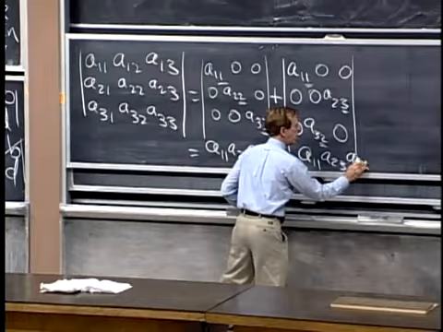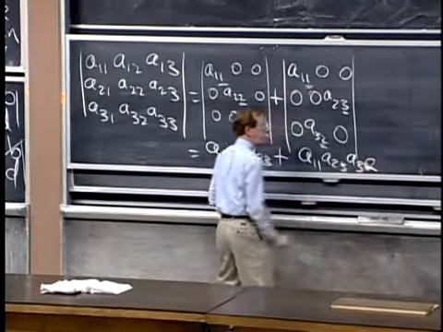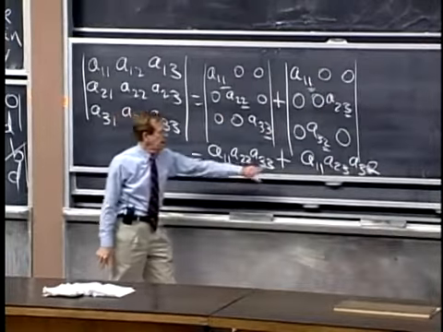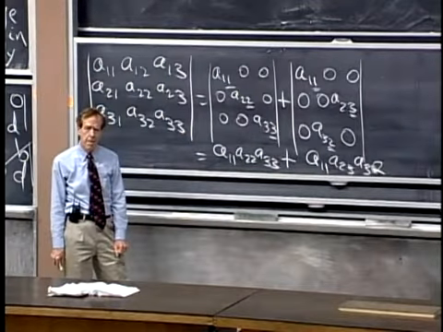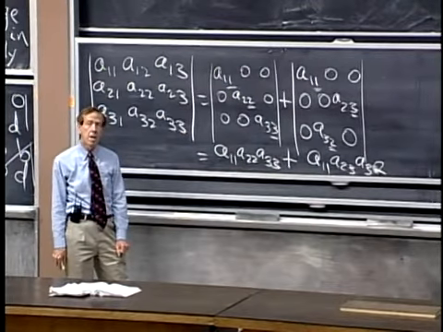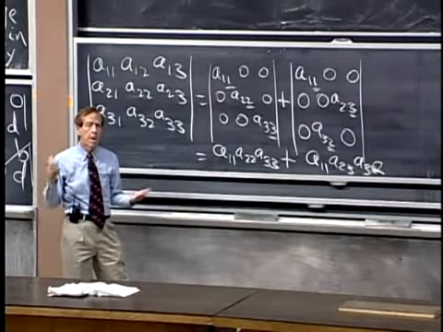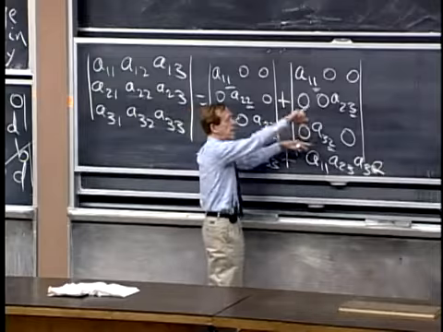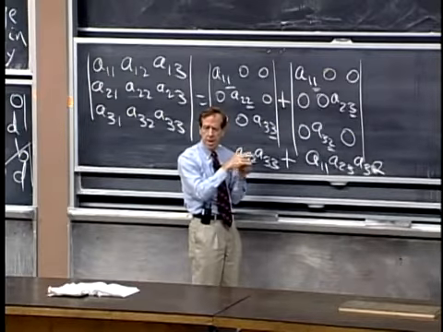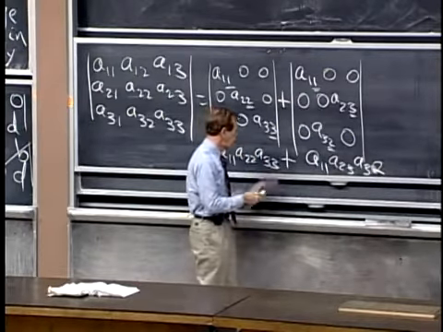They're in separate rows, so I can do each row separately. And then I just have to decide, is that a plus sign or a minus sign? And the answer is it's a minus. Why minus? Because there is one row exchange to get it back to the identity. So that's a minus.